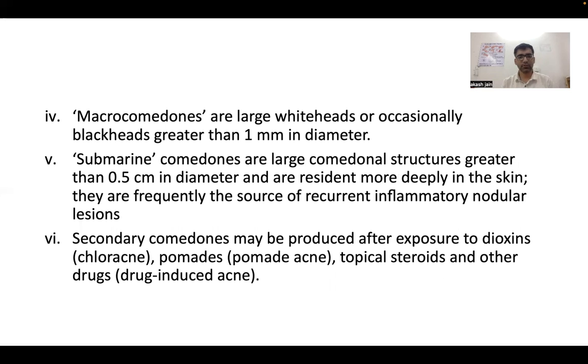They are frequently the source of recurrent inflammatory nodular lesions. Secondary comedones may be produced after exposure to dioxins, known as chloracne, pomades used in various hair gels, known as pomade acne, topical steroids, and other drugs causing drug-induced acne.